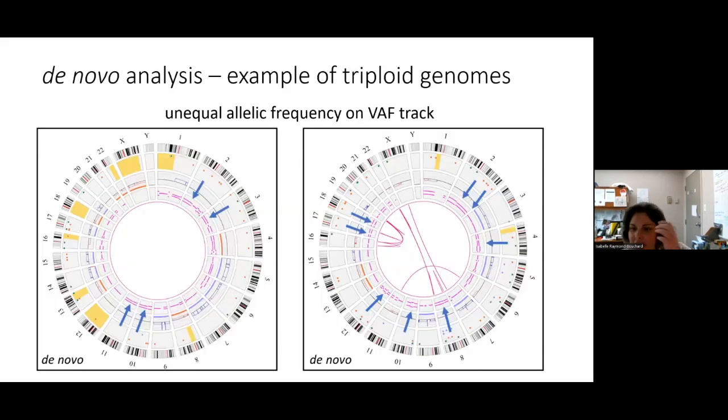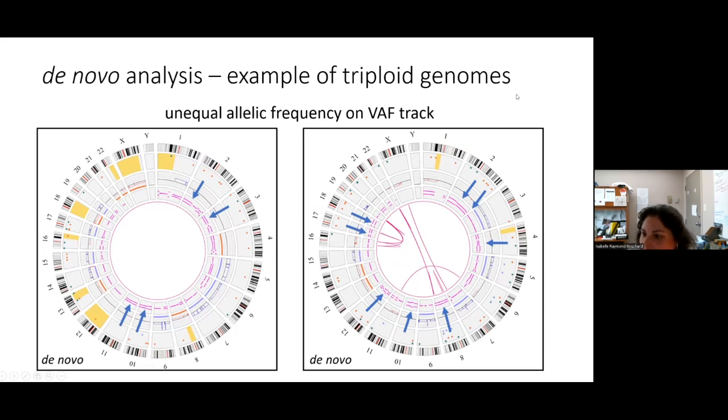because in de novo analysis, we have these VAF tracks, which you see here in pink at the bottom. And so they represent allele frequencies. A normal diploid genome would have 0.5. So it would be sort of like this line here, where you would see one of each allele, and you're sitting at 0.5.